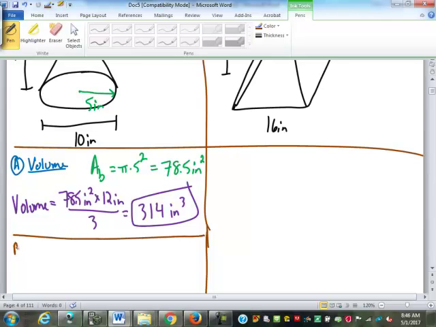Surface area. We still need the area of the base. Notice I only wrote it down once, though, because there was only one base on a cone. There isn't one on the other end.